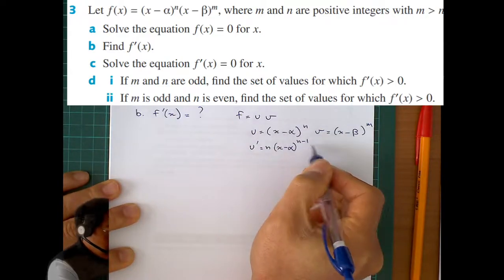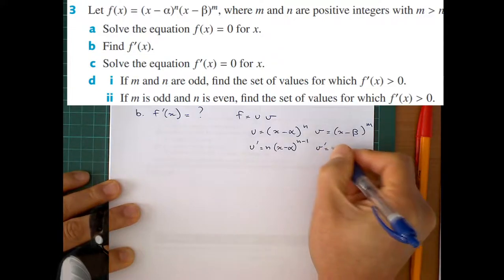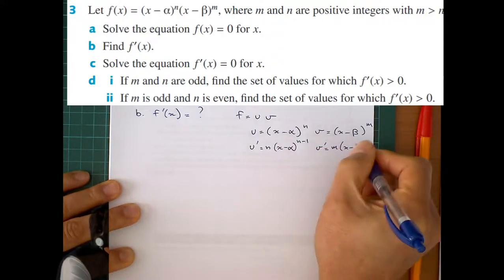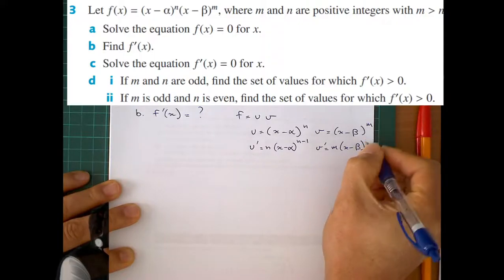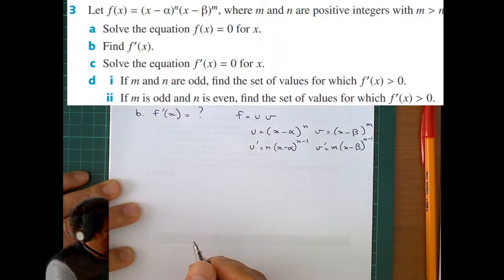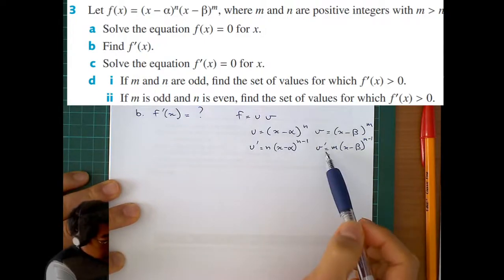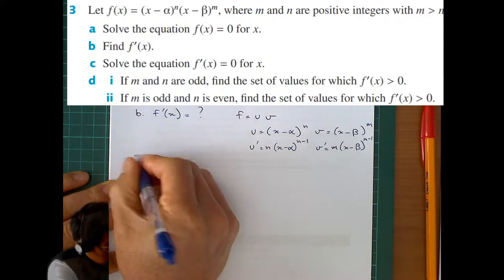So that's why there's nothing else after that. v prime is m times x minus beta bracket to the power of m minus 1. Okay, now we can rewrite it: u prime v plus u v prime, so that's the derivative.